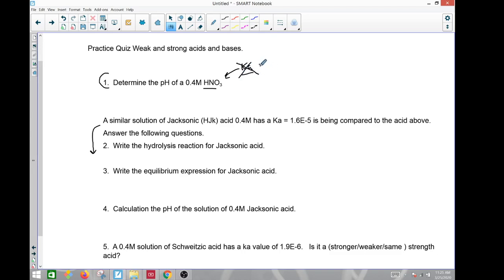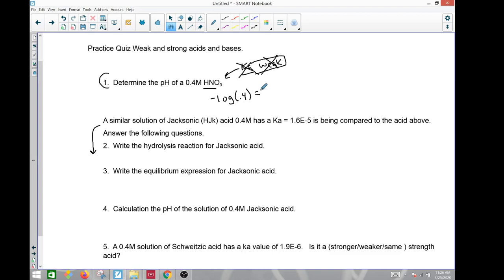Only weak acids have a Ka. So for a strong acid, all we have to do is take the negative log of 0.4 for the pH.